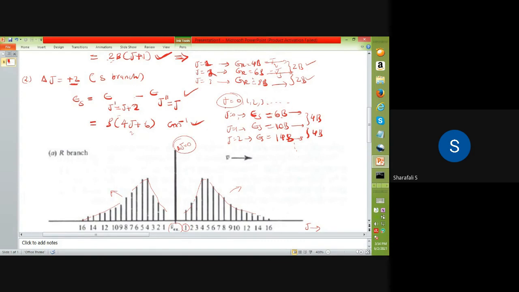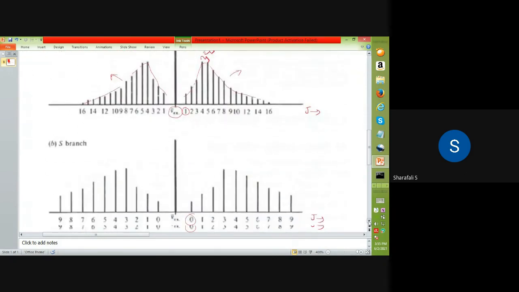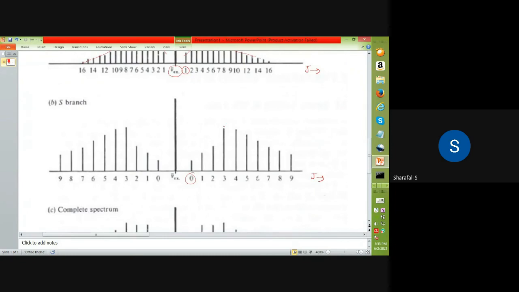So in the case of the S branch, the separation between each line is 4b, but in the case of the R branch, the separation between each of those lines is 2b. But when you consider the S branch with the transition plus 2, here we have a separation equal to 4b. So each of these lines is separated by a distance of 4b.